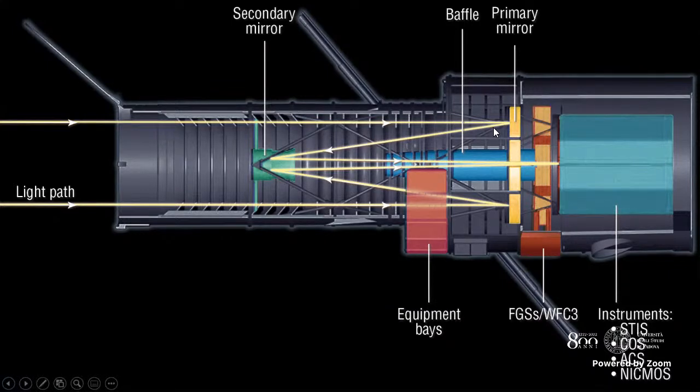I'm not gonna go into details, but it bends the light a little bit and reflects it to this green secondary mirror, which reflects it as well to the instrument that's gonna take the picture and then send it to the NASA database to check the picture and have a clear picture.